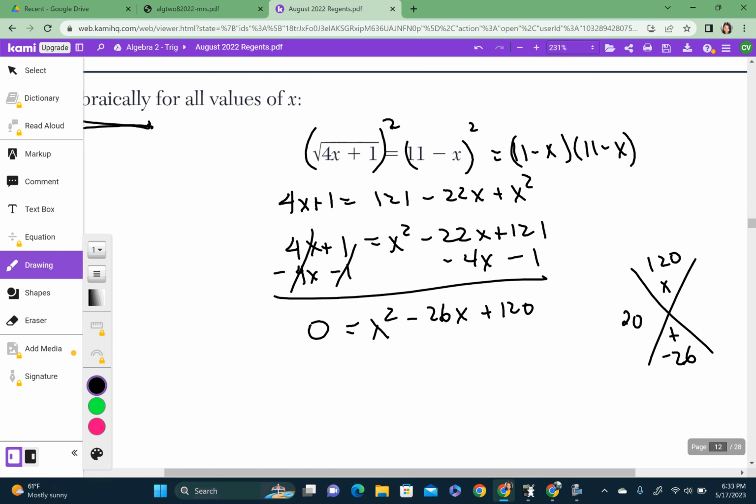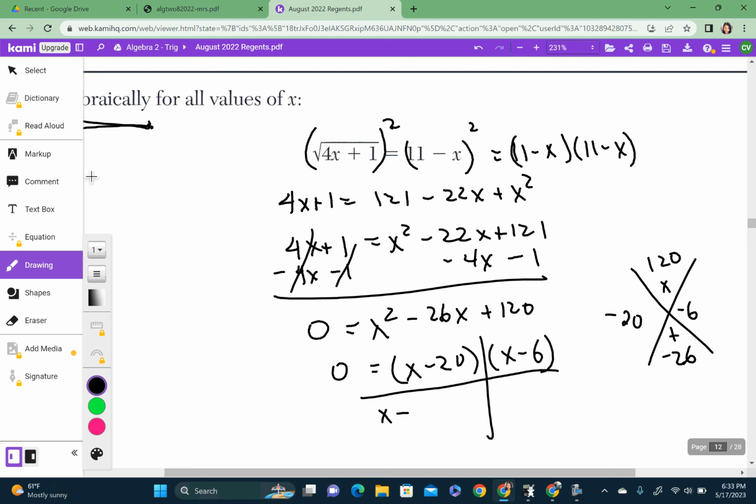So minus 6 and minus 20 is what we factor this to be, x minus 6. And we set them both equal to 0. To make this true, all we have to do is switch the signs. So you get x is equal to 20 here, and you get x is equal to 6.